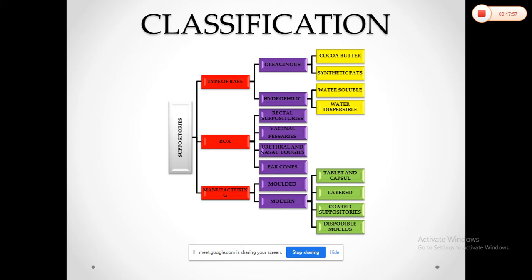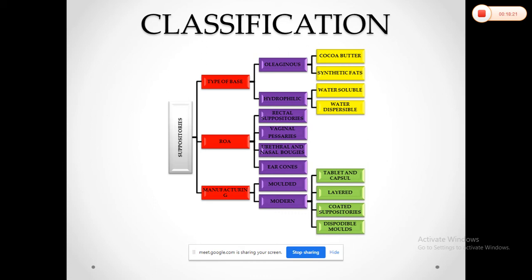Then there are the hydrophilic bases, which are water soluble and water miscible, like the glycerolated base. It is a mixture of glycerin and water, which is made stiff by the addition of gelatin. These are the hydrophilic bases, and some emulsifying bases are also there.